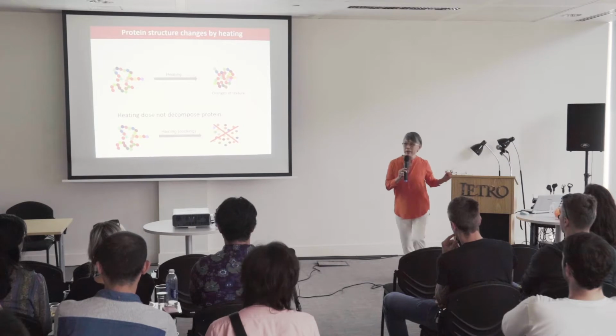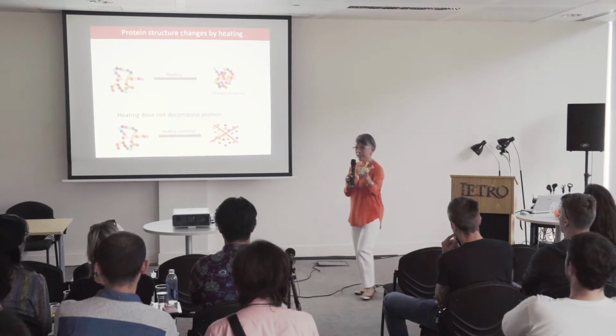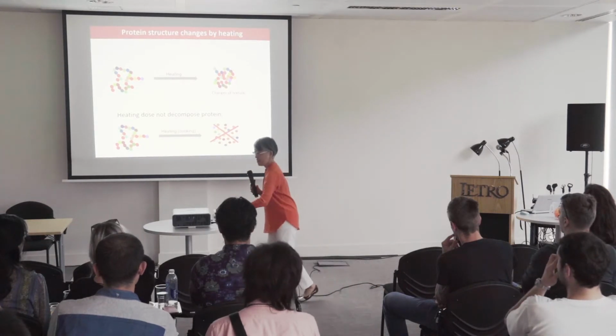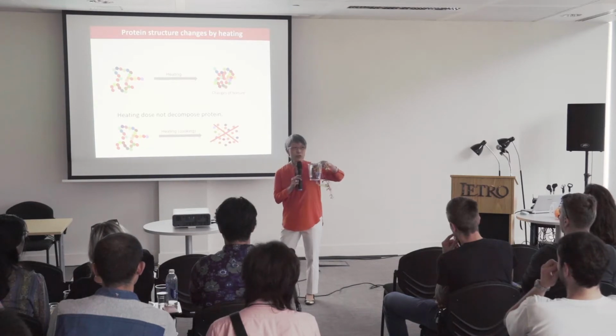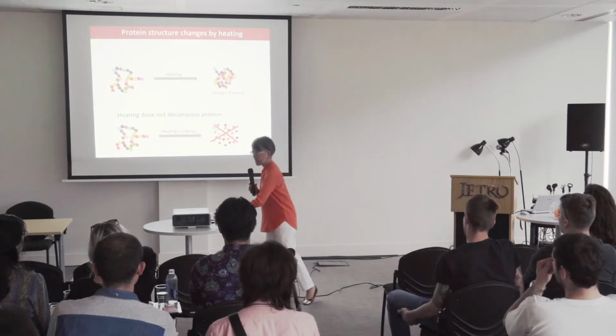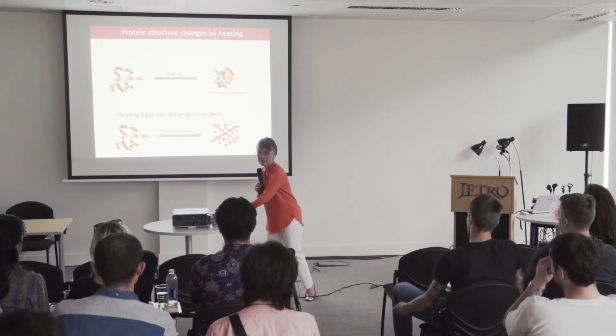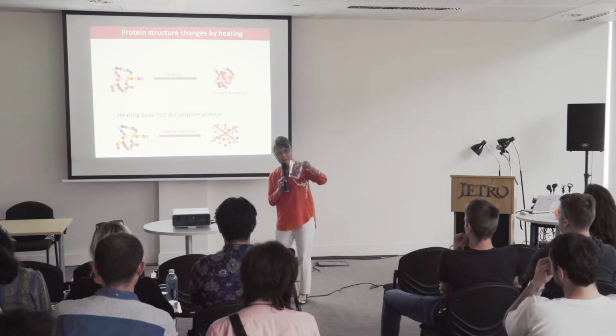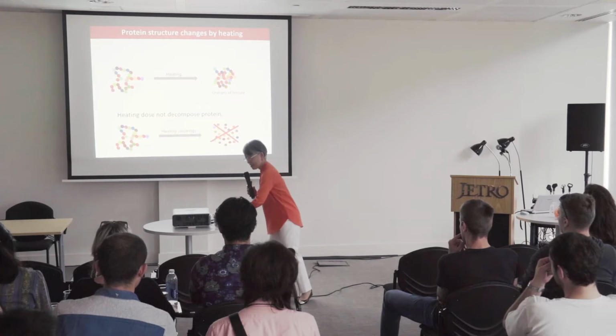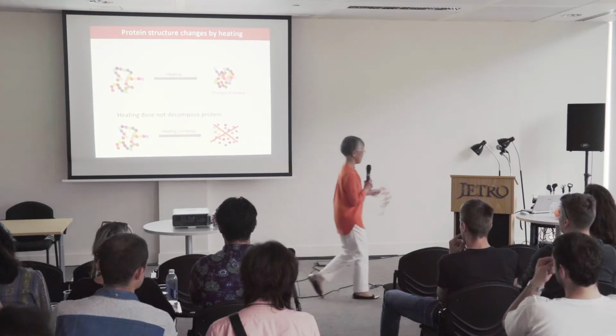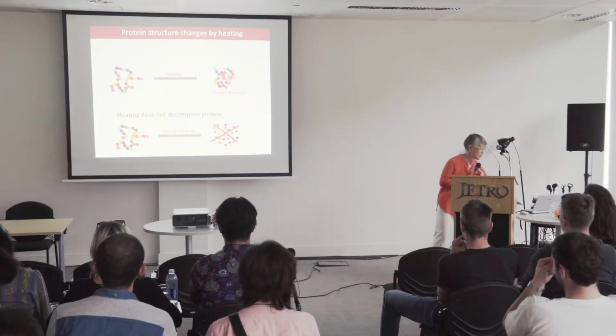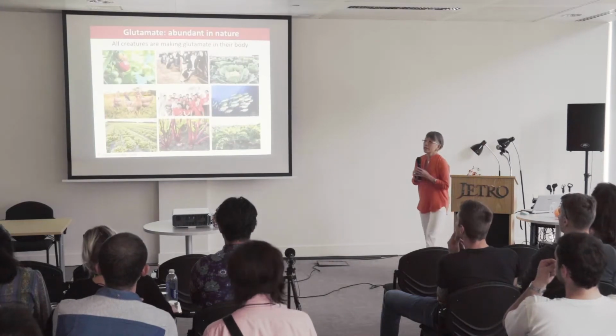All living bodies have both protein and free amino acids. You also have protein and free amino acids in your body. And free amino acids are very important to have taste.